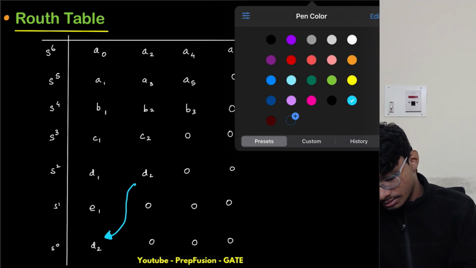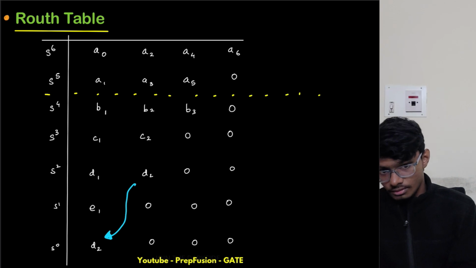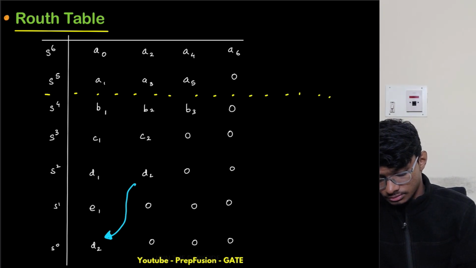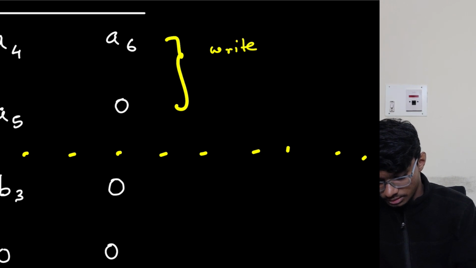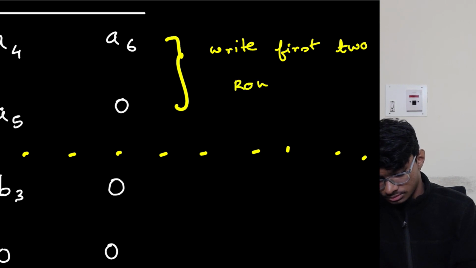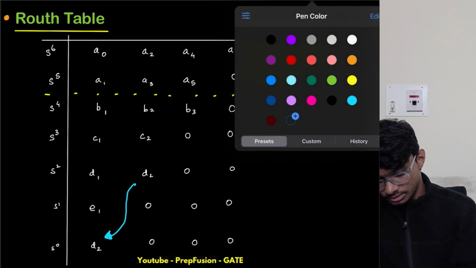So the procedure basically, write first 2 rows, and here we have to compute the rest.